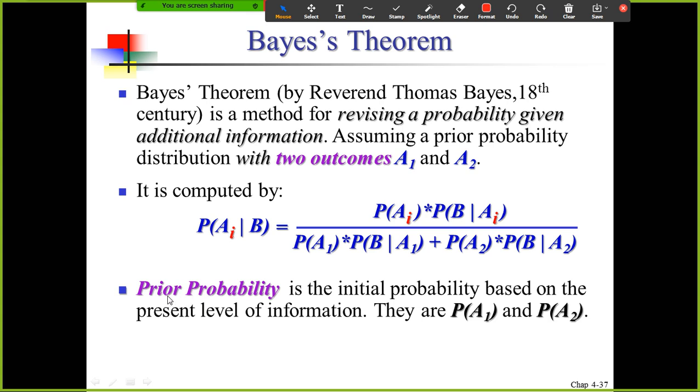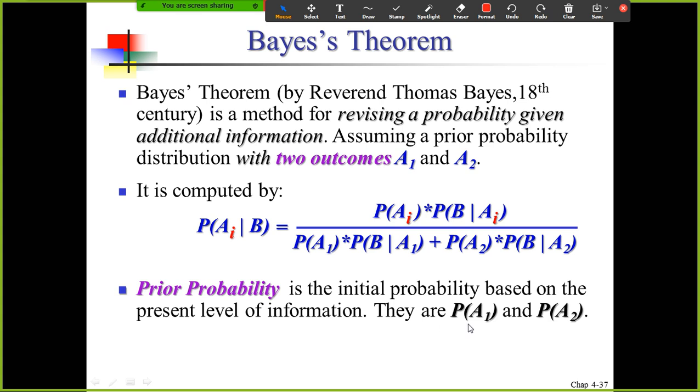In the previous video we didn't call it prior probability, but now we call it prior. Prior is the first probability in our tree diagram. Prior probability is the initial probability based on the present level of information.